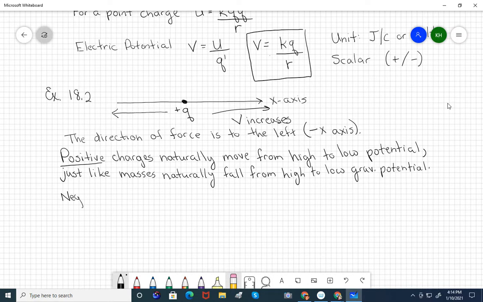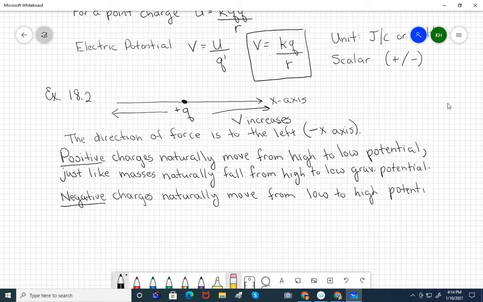Negative charges naturally move from low to high potential. There's no such thing as negative mass, but if there was, then a negative mass in Earth's gravitation, if Earth was a positive mass, would naturally rise up instead of fall down.